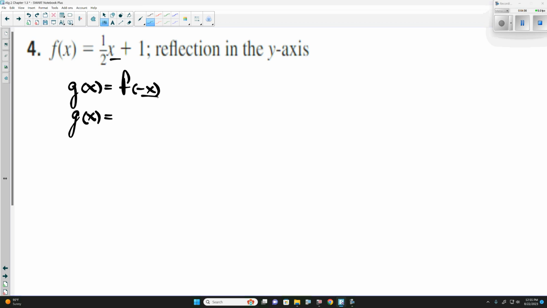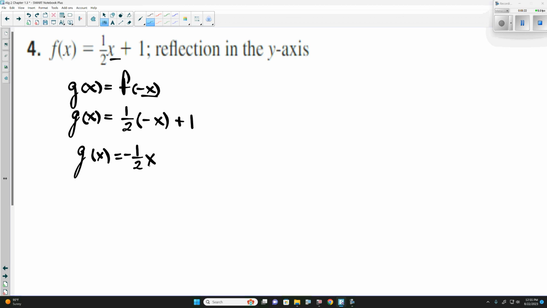So we would still have the 1/2, but instead of having x, we have negative x plus 1. Well, we do need to multiply those two together. So 1/2 times negative x is just negative 1/2 x.